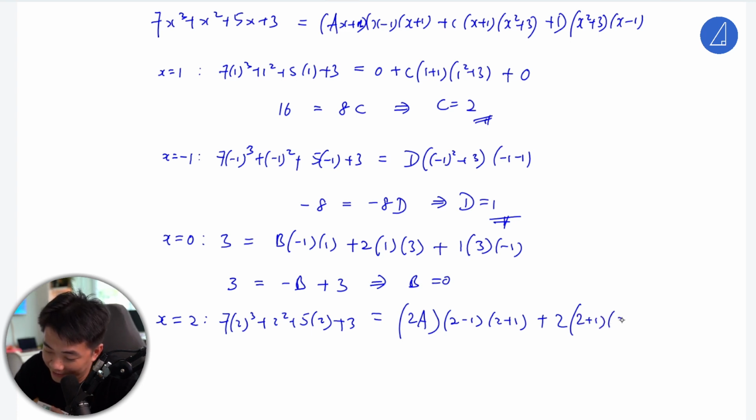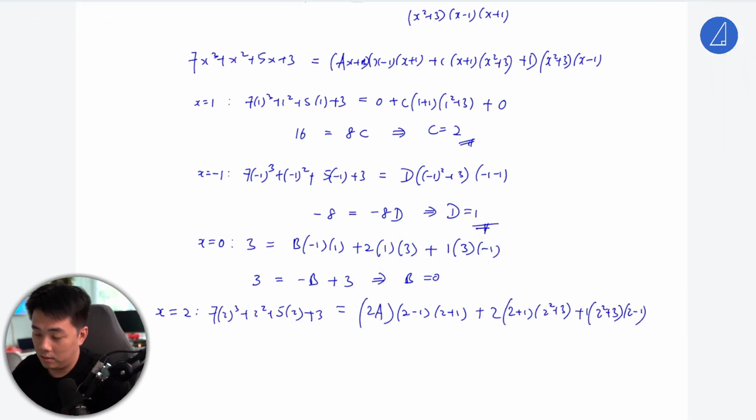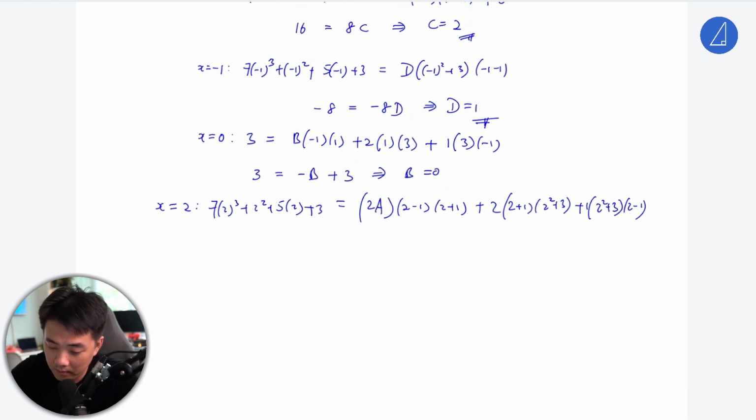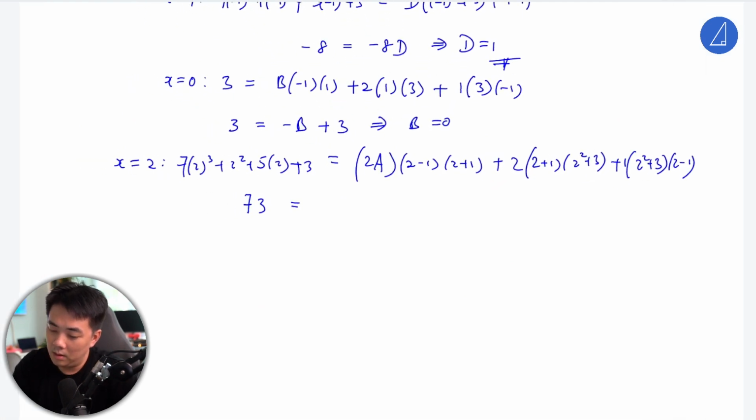So many things, right? 2 squared plus 3. d will be 1, so 2 squared plus 3, 2 minus 1. Great. Then we're just going to change this. This will be 73 equals 6a plus 42 plus 7. So 73 minus 42 minus 7 will be 24.